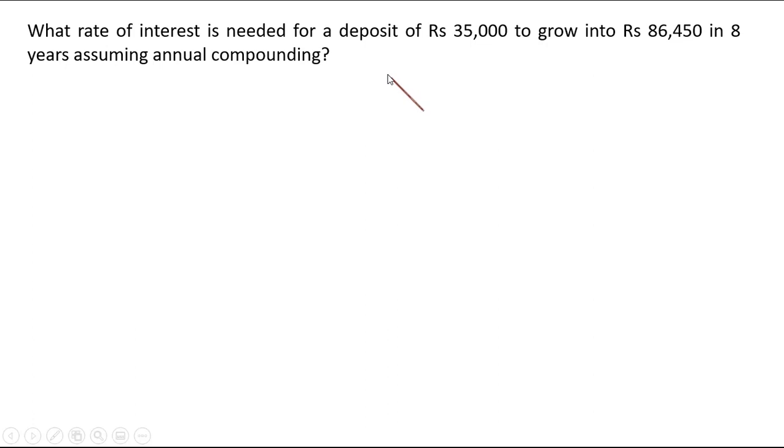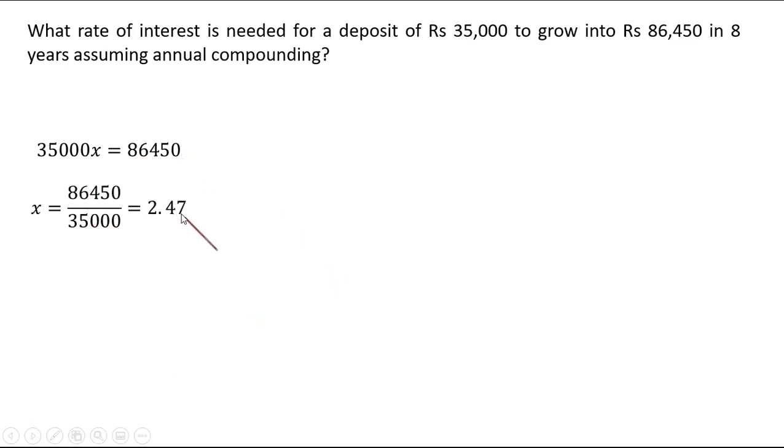So you need to tell what should be the rate of interest, so that this present value of 35,000 becomes a future value of 86,450. So let that factor be x. So x multiplied by 35,000 will give us 86,450. So the value of x, when we divide these numbers, is 2.47.